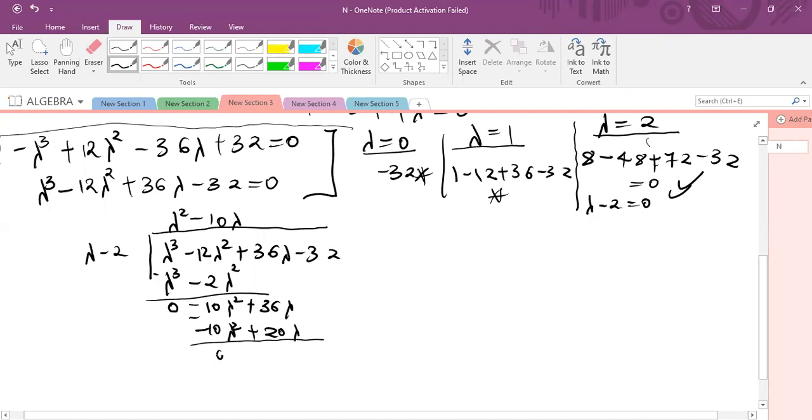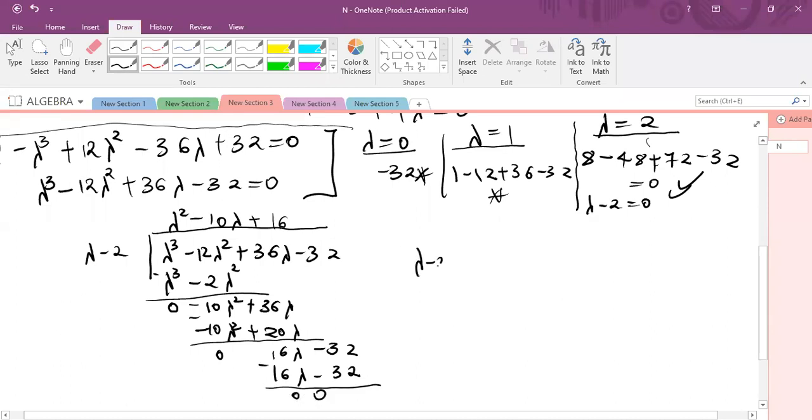This subtract will give 0. 36 minus 20 will give 16 lambda. Drop this down, minus 32. To get 16 lambda, we will multiply this by plus 16. 16 with this will give us 16 lambda. 16 with this other one will give us minus 32. So subtracting that, we get 0, 0.